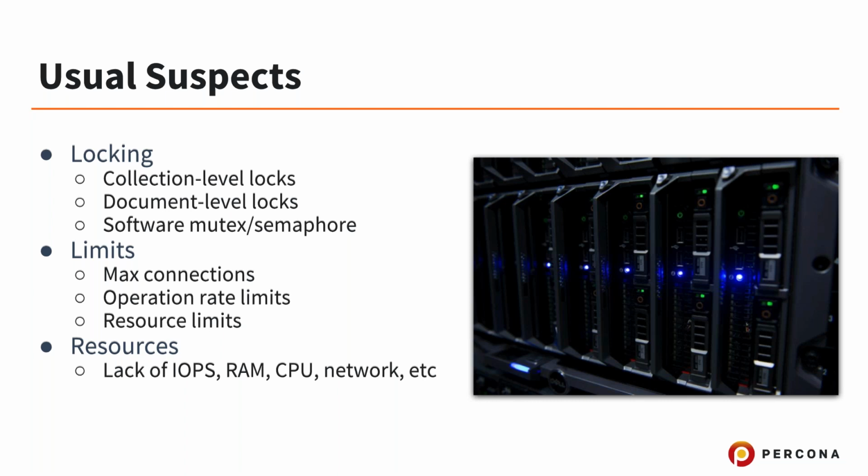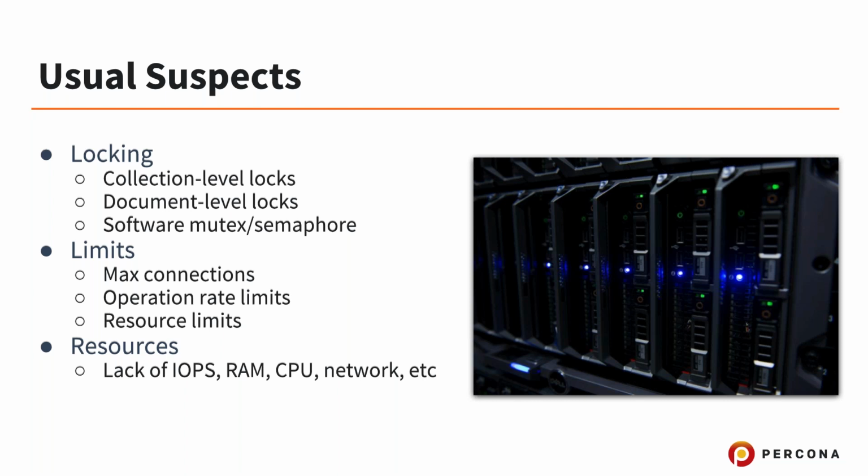But first, let's talk about usual suspects. If you have a performance issue in development or really anywhere, my triangle of suspects is usually locking, limits, and resources. And usually it's not any 3 of those or any 2 of those. Usually if you have a new problem, the database was performing fine and now it's not, your issue is probably going to fall into one of those 3 categories, which might help you instead of looking everywhere, running around everywhere.